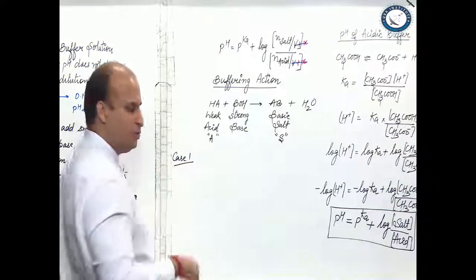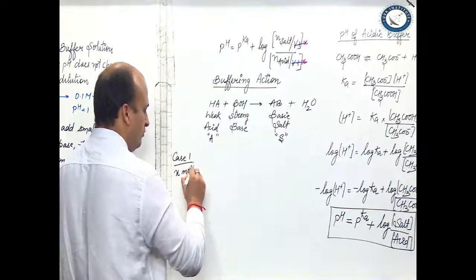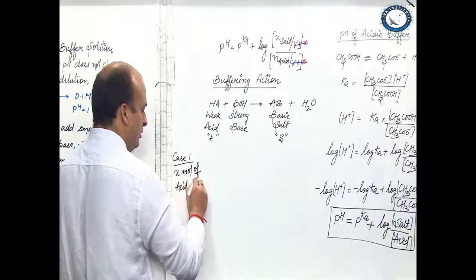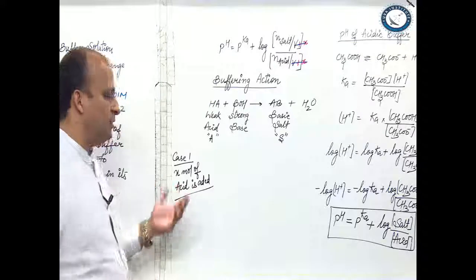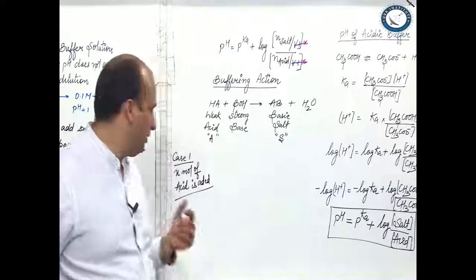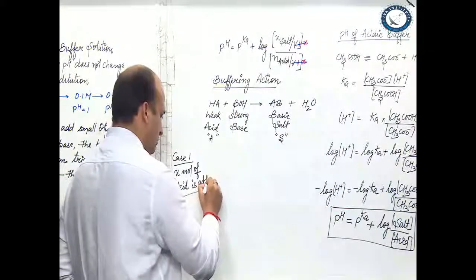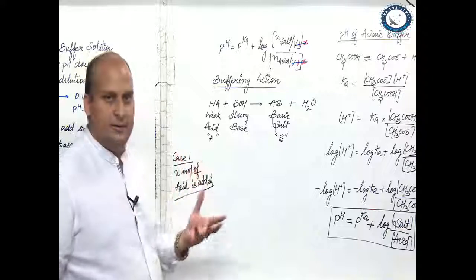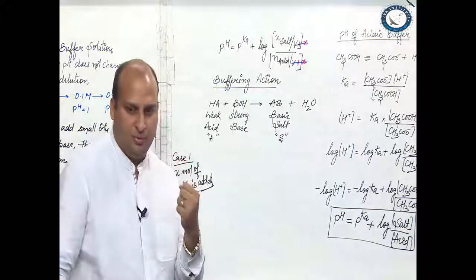If I am adding acid to the mixture, say X mole of acid is added. What happens if X mole of acid is added? See, the mixture has got two compounds.